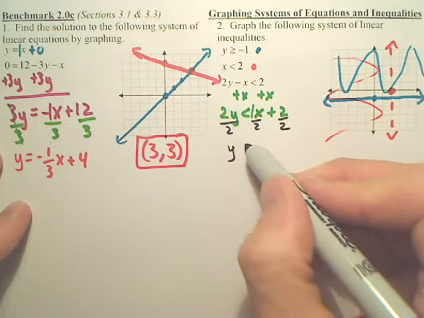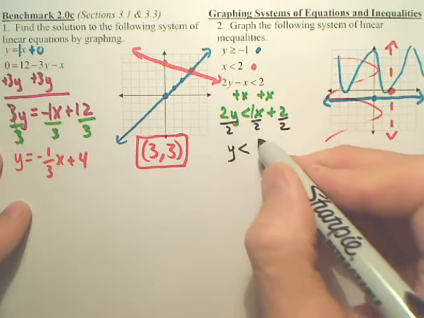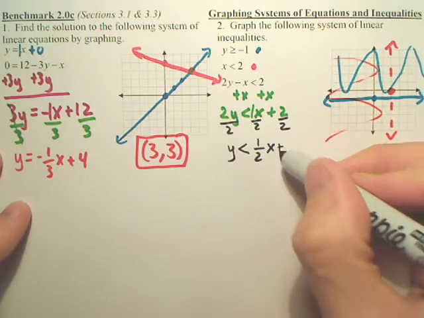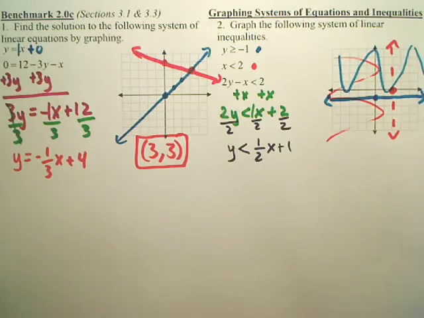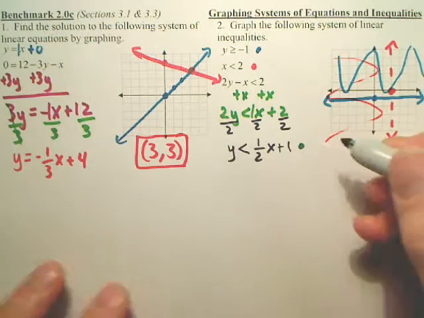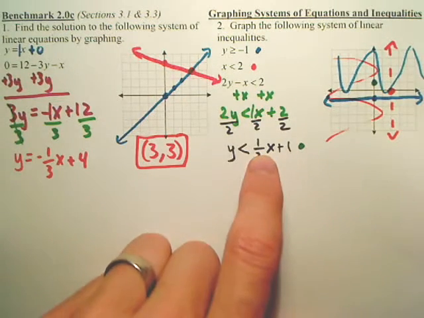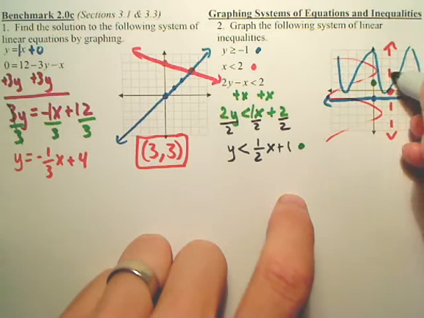We did not divide by a negative, so it stays. 1 divided by 2 is 1/2 x. 2 divided by 2 is 1. So let's graph this one. I'm going to do it in green. This one begins at 1, and it looks like it goes up 1 over 2. So up 1 over 2.